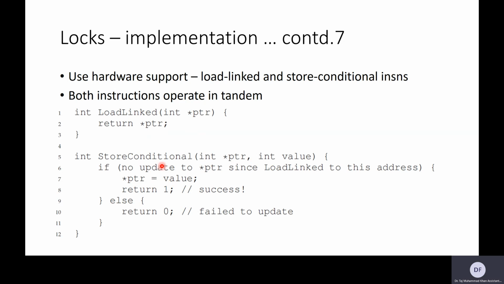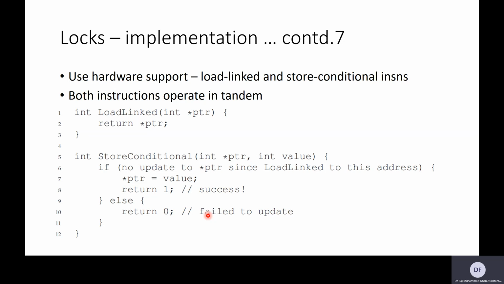And if there was an intermediate operation on this address between when the load linked was performed and before store conditional was performed, in that case this condition will become false and it will go into the else position and return 0, which means store conditional failed. So load linked and store conditional are a pair of instructions.